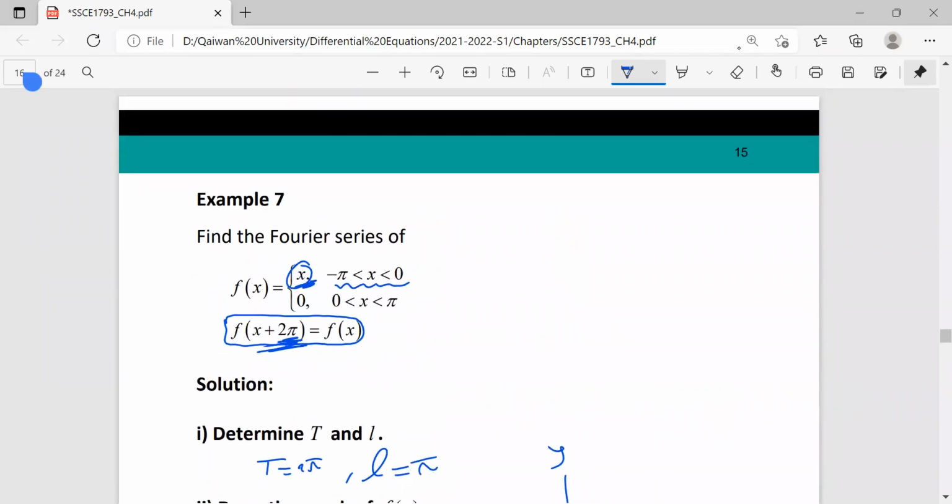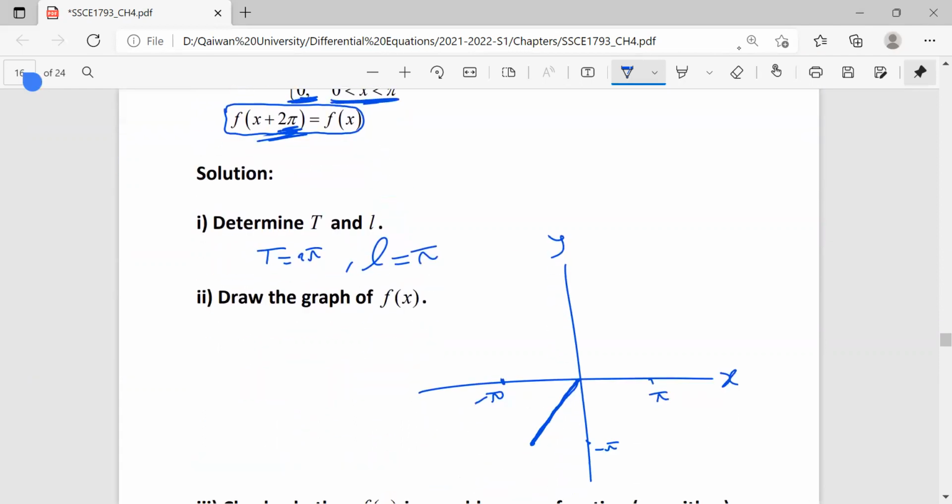And then it says it equals 0 for x from 0 to pi. From 0 to pi, this equals 0. It's on the x-axis. This is the graph for that piecewise function. We draw each function in its interval.